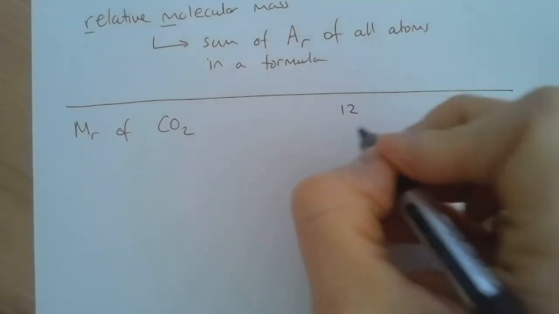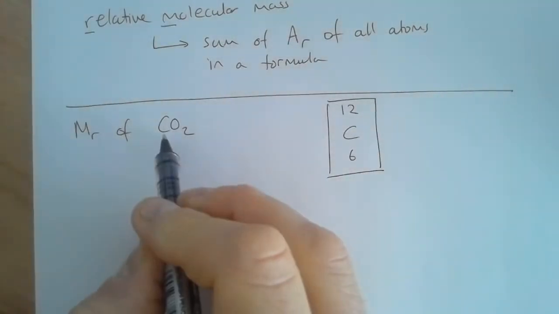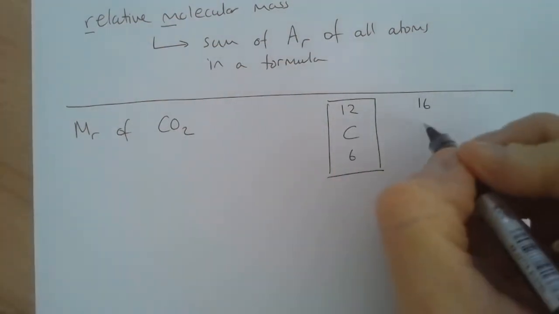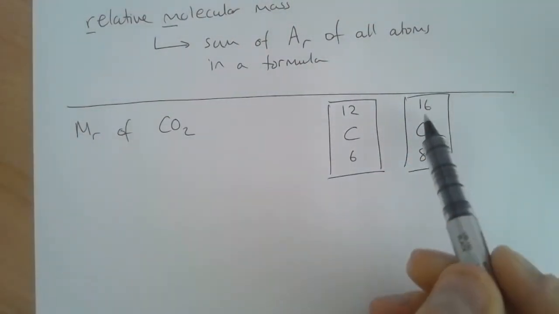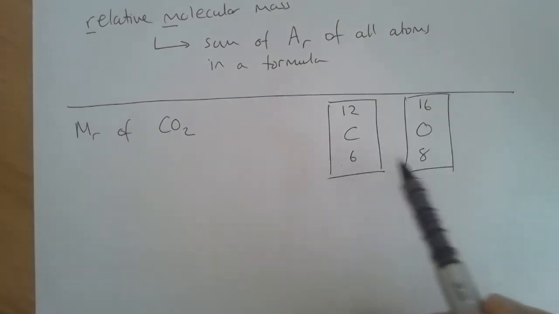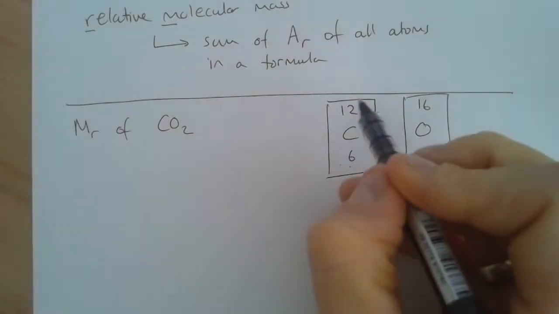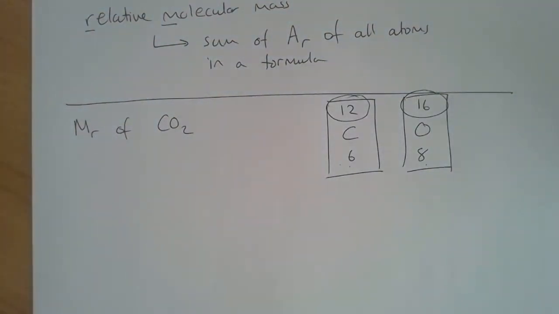If we have a look at our periodic table, the first thing we'll see is that the element carbon has a relative atomic mass of 12 and the element oxygen has a relative atomic mass of 16. I've included their atomic numbers there just for completeness, but we don't actually need these in this calculation. This is the number we need for carbon and this is the number we need for oxygen.